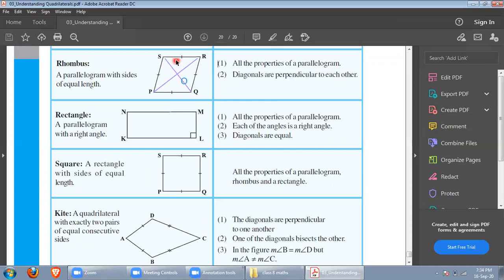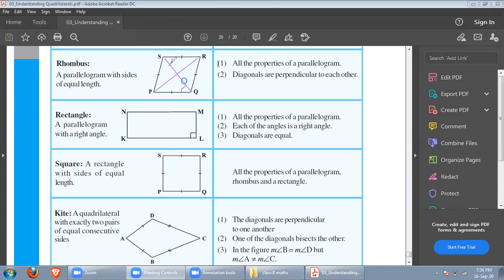You see that this angle is equal to this angle, because in the parallelogram, PQ is parallel to RS, and SQ is a transversal. Forget about the other lines. Just try to see the two parallel lines, PQ and RS, and the transversal SQ. The transversal SQ happens to be the diagonal, but just forget about that.